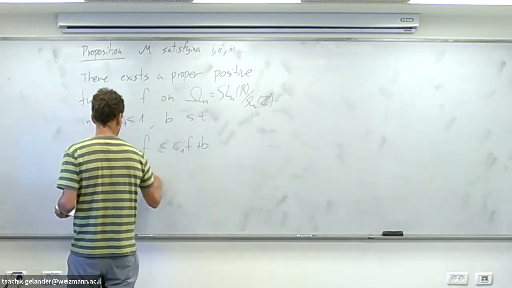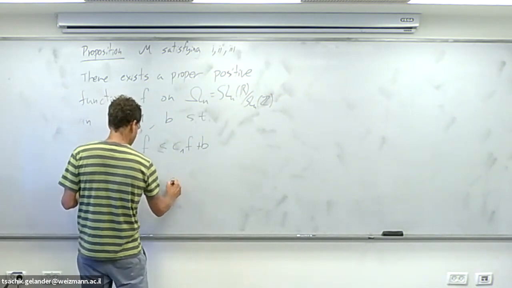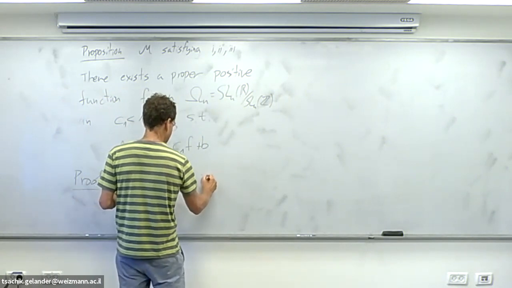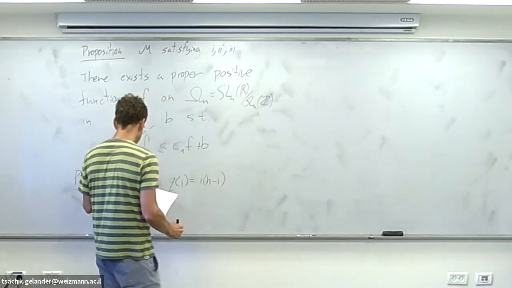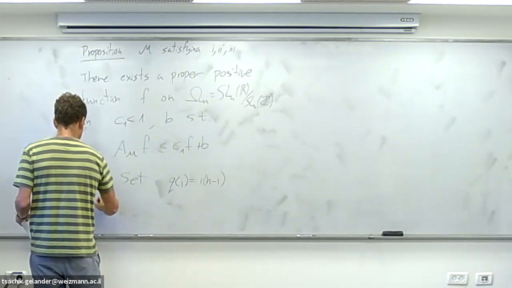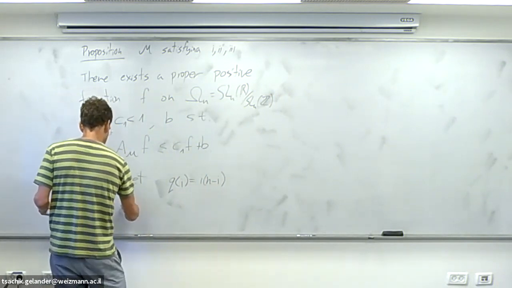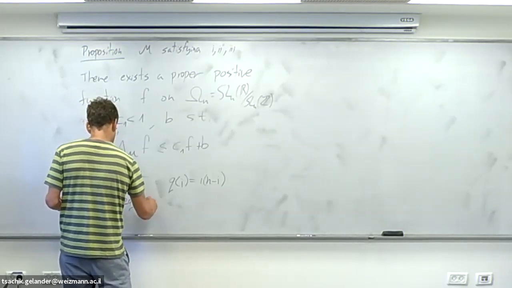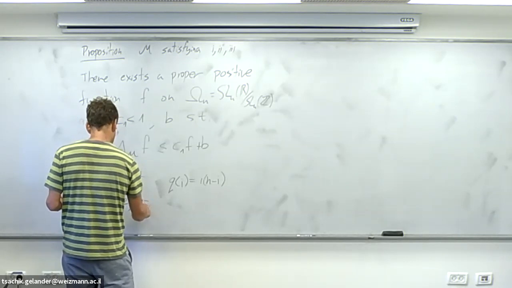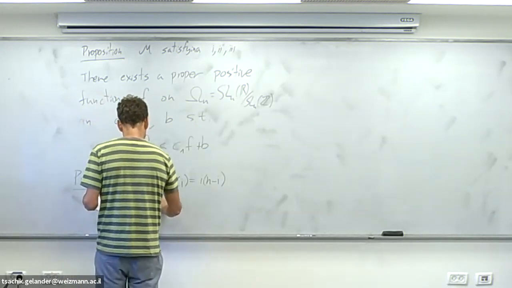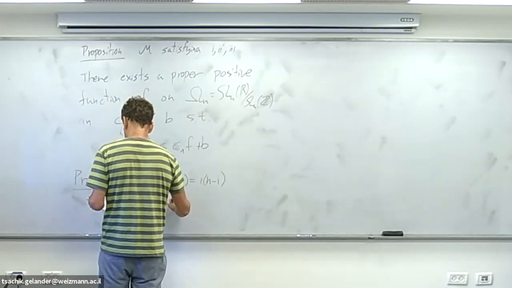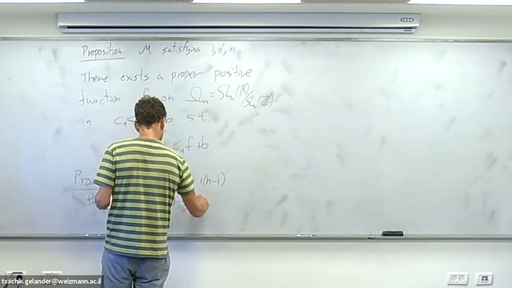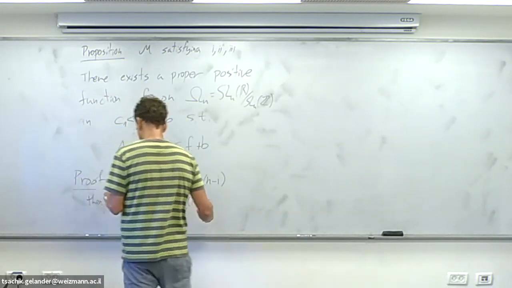So set Q, that's Q of I equals I times n minus I. Then a recomputation shows that 2 Q of I minus Q of I plus J minus Q of I minus J equals 2J.